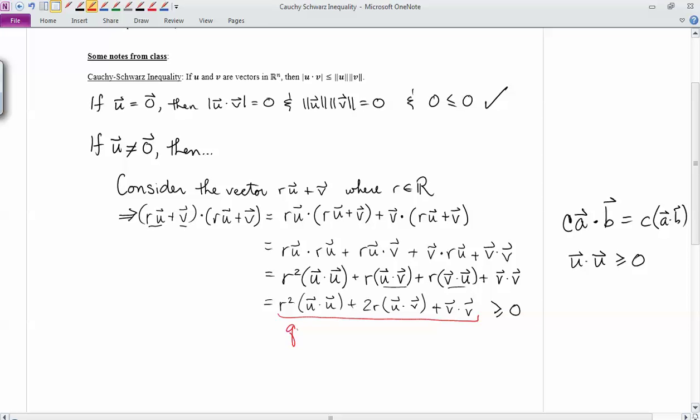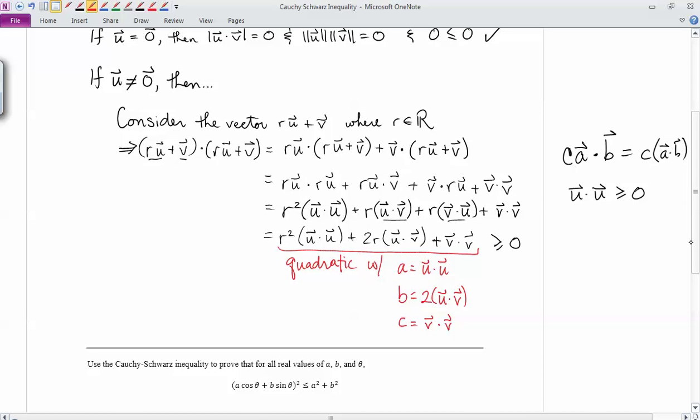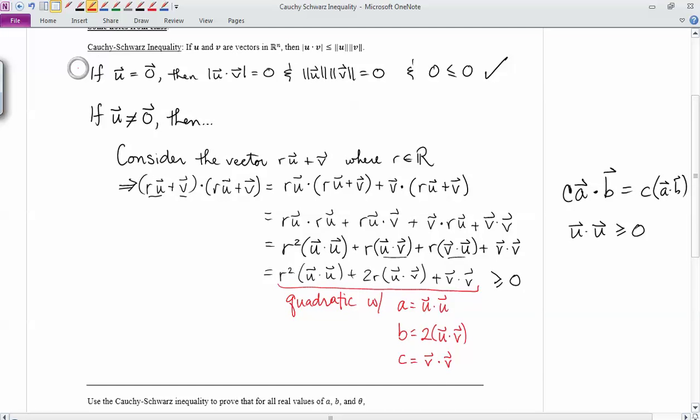So it's a quadratic where the variable is r, and our a, b, and c are: a is u dot u, which is a scalar, b is 2 u dot v, and c is v dot v. Now if you have a quadratic, let me shrink this down so that this will fit better.